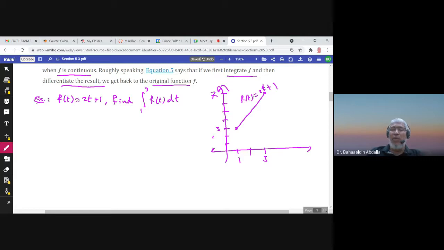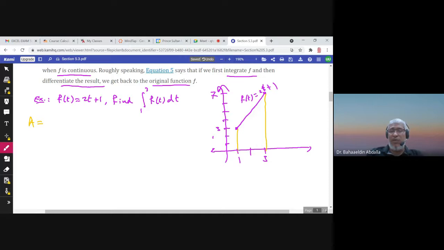Now, to find the area below this line, from 1 to 3, we need to find this area. This is a trapezoid, and the area of the trapezoid is the sum of the lengths of the bases over 2 times the height.